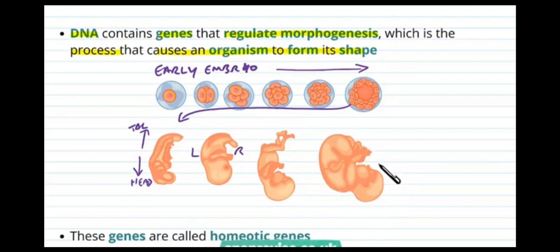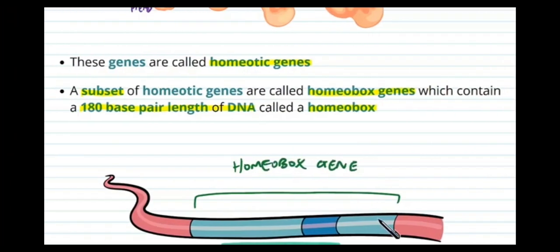This is how development starts, and for development to occur in a certain manner there are certain morphogens, and these morphogens are again formed by instructions coded in the DNA. Now, these genes which regulate morphogenesis are called the homeotic genes.